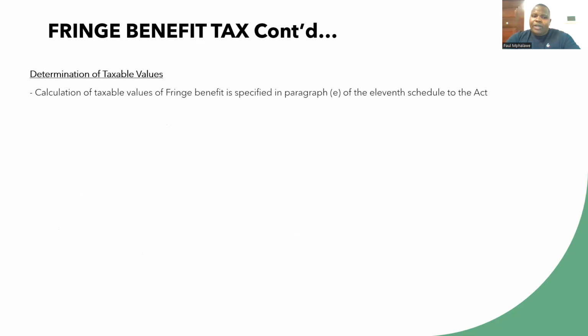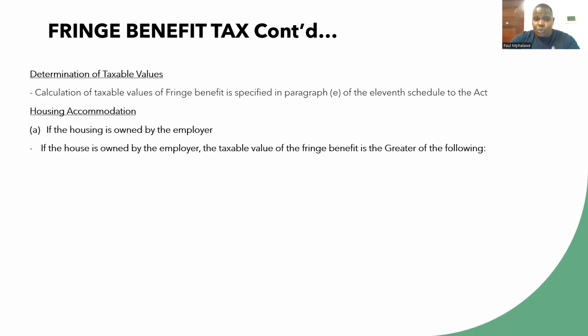Determination of the taxable values. Calculation of the taxable values of FBT is specified in paragraph E of the 11th Schedule to the Act. So under housing accommodation, if the housing is owned by the employer, what do you need to do? You need to check if the house is owned by the employer; the taxable value of the fringe benefit is the greater of the following, the higher of.